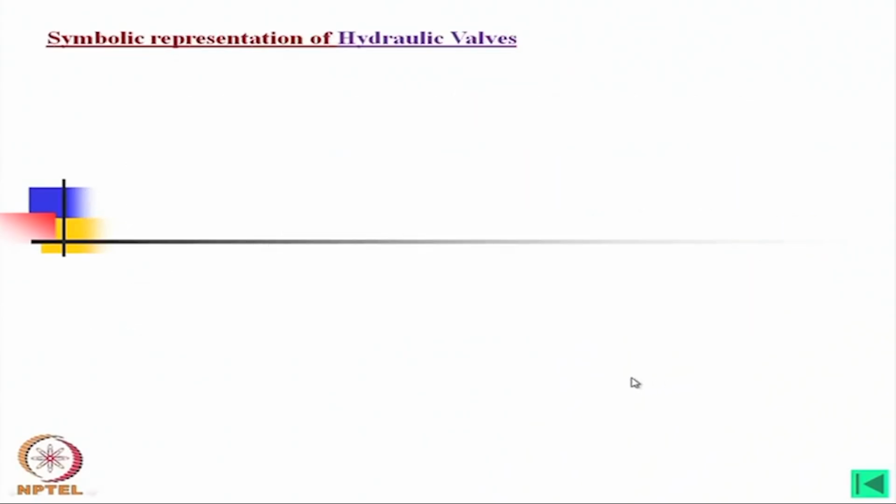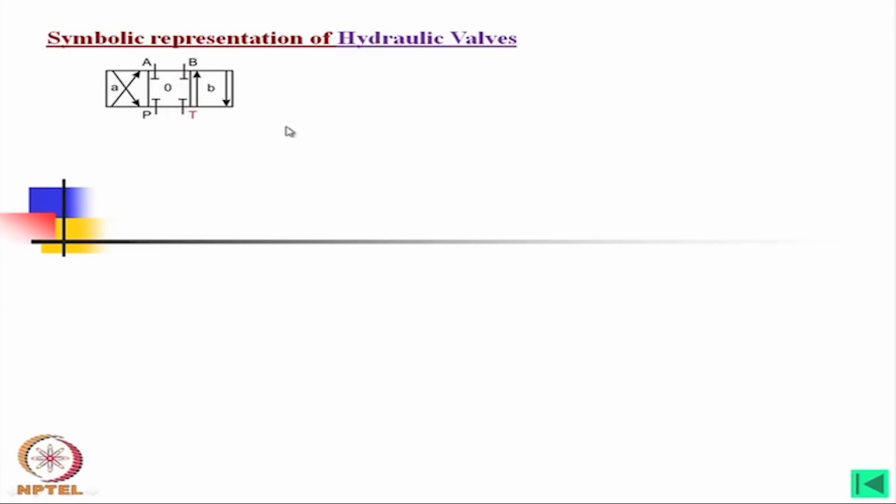Now, symbolic representation of a hydraulic valve. What we find is almost square or maybe slightly rectangular 3 boxes put side by side, and in the middle one is written 0, on the left side it is A, on the right side it is B, and in these 3 compartments there are some arrows or some symbols.